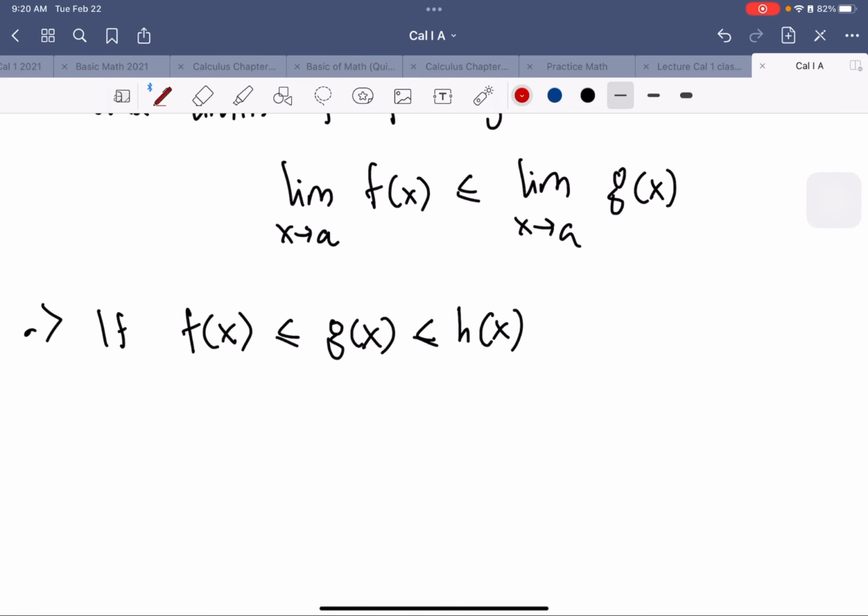So f less than or equal to g less than or equal to h when x is near a.